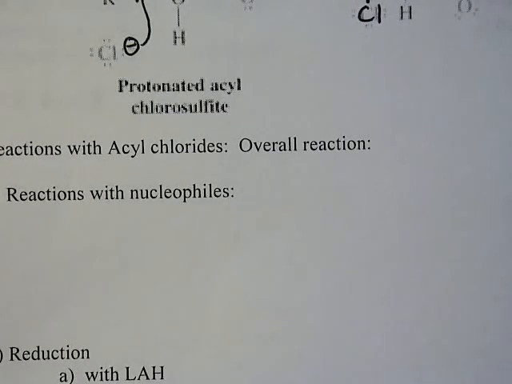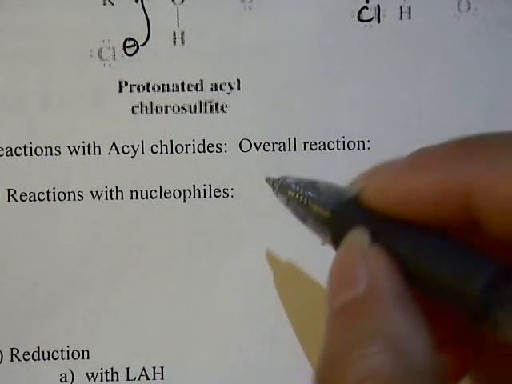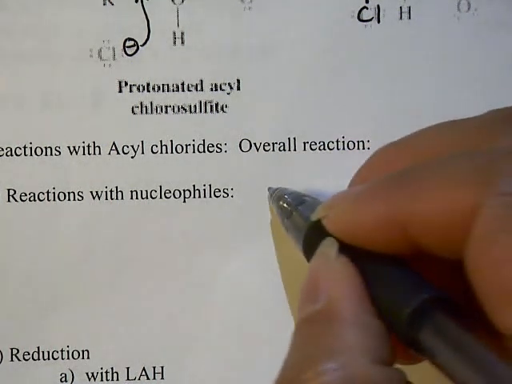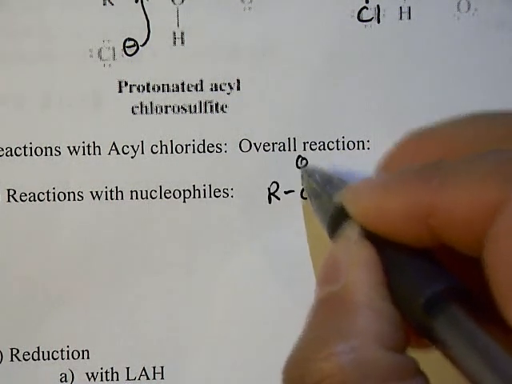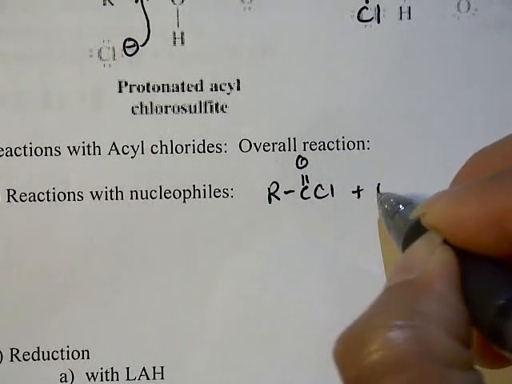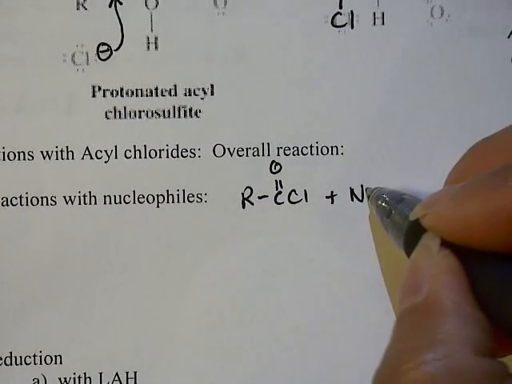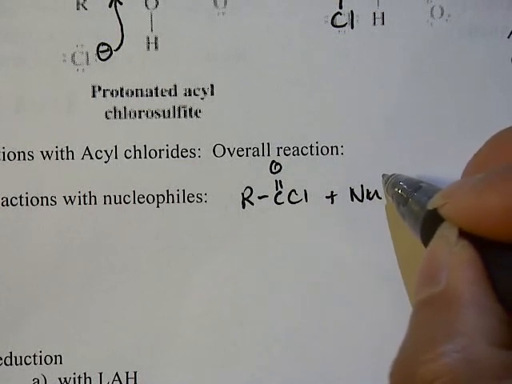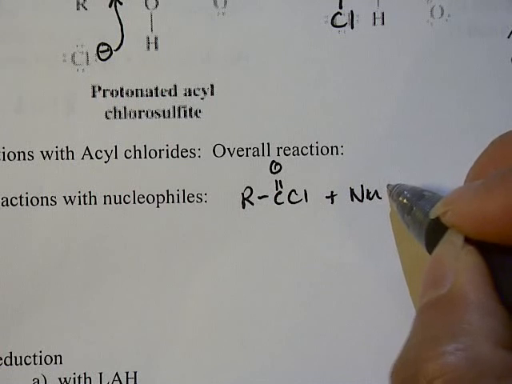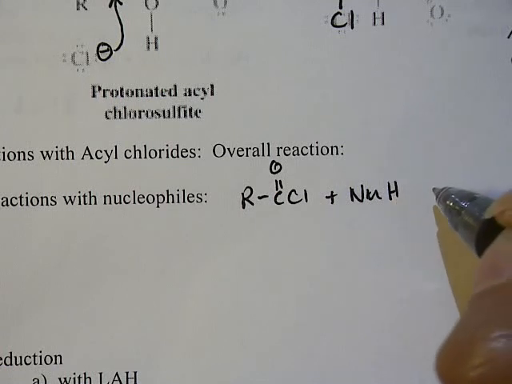As you know, as we went over before, there are tons of nucleophiles that are available to do the normal nucleophilic reactions. So overall, you have acid chloride plus some kind of nucleophile. Now the nucleophile could be outright negatively charged, or it could be a weak nucleophile with a hydrogen attached.